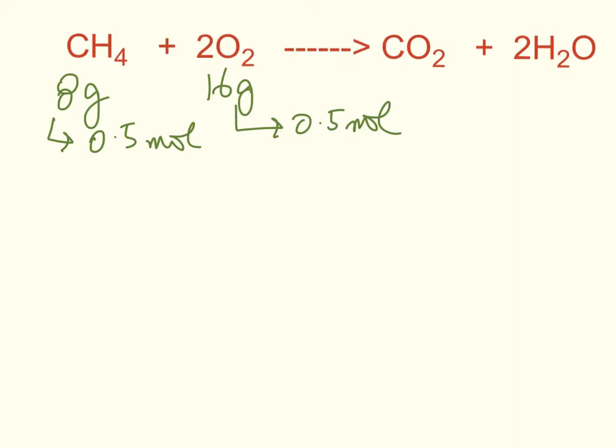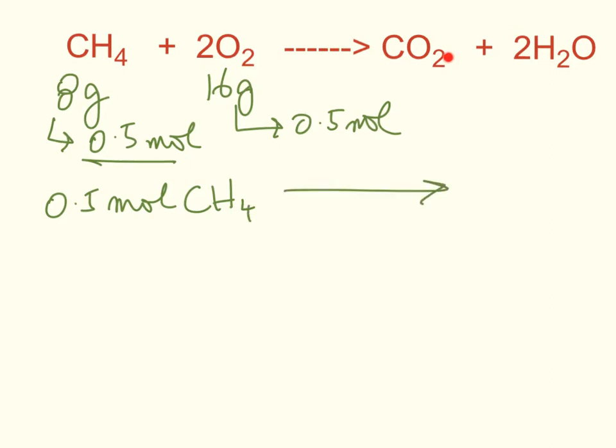Right, so to find the limiting reactant, you basically start off with the first reactant, which is 0.5 moles of CH4, and then you figure out how many moles of any one of the products would you get. So let's see, in this case I'm going to write how many moles of water can I get. So how many moles of H2O can I get, right?